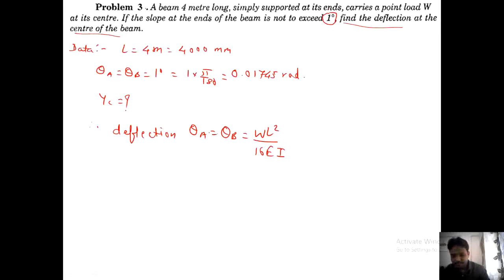Okay. So angle is given as 0.01745 equal to WL square by 16 EI.